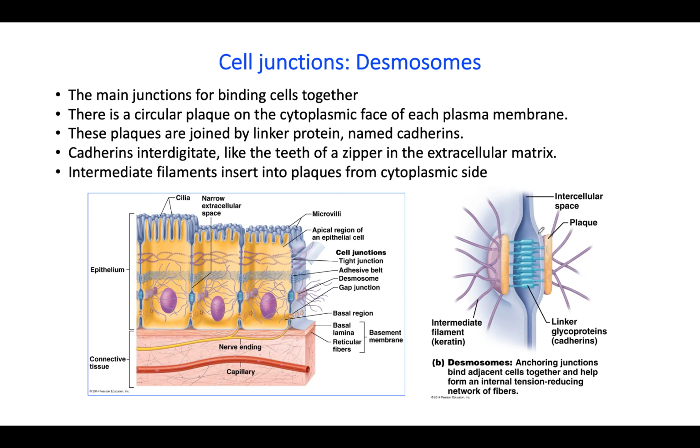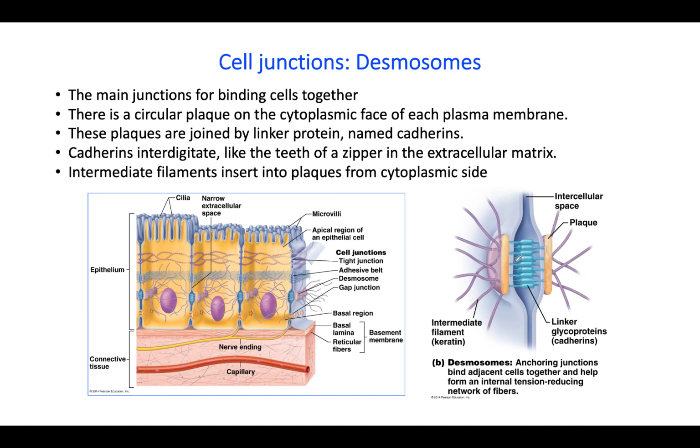Another type of cell junction is the desmosome. Desmosome is the main junction for binding cells together. Of course, tight junction and adherens junction also contribute to cell junction, but desmosome is the main junction for binding epithelial cells together.